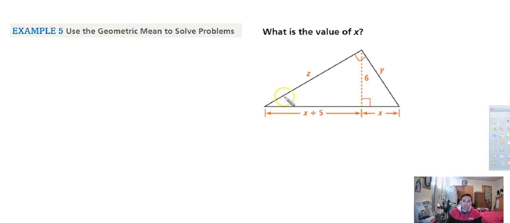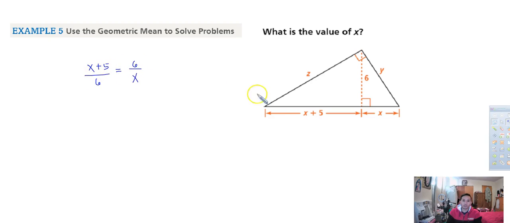So we can now do the relationships that they have. The geometric mean of x and x plus 5 is 6. So I can put there x plus 5 over 6 is equal to 6 over x.